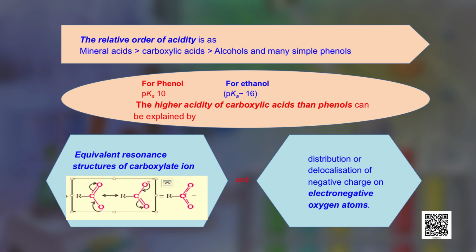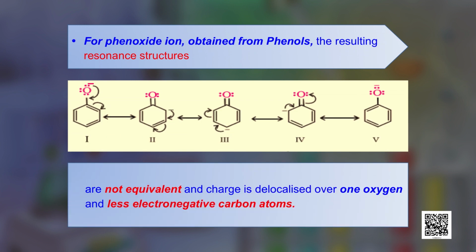We had just seen before that the delocalization of the negative charge here is on the electronegative oxygen atoms, while for the phenoxide ion, which is derived from phenols, the resulting resonance structures are shown here, and you can see that in these resonance structures the charge distribution is not on the same atoms, and also these structures are not equivalent resonance structures.